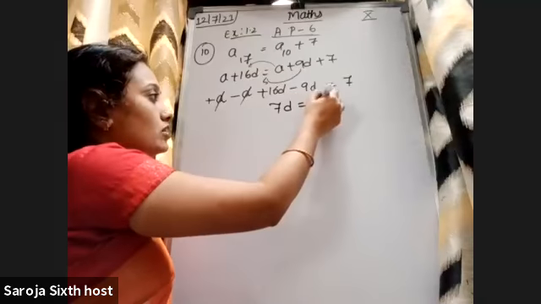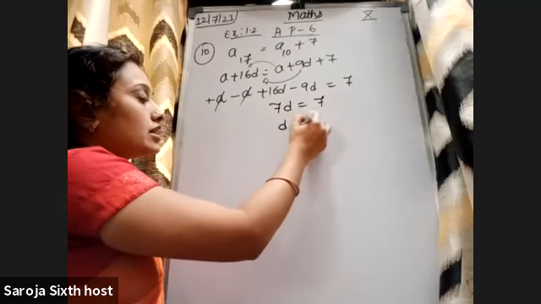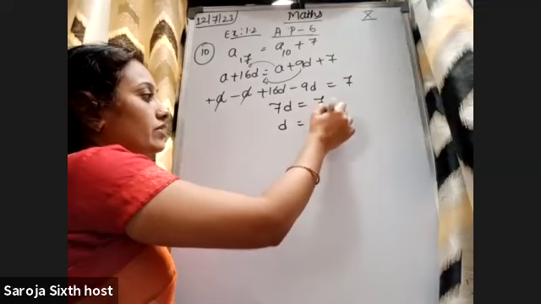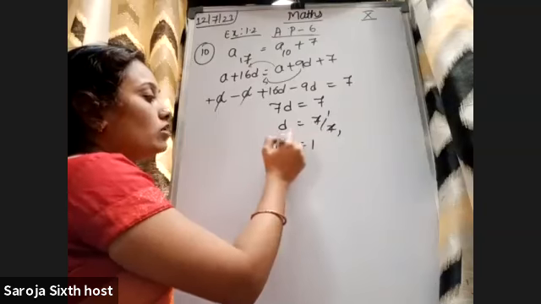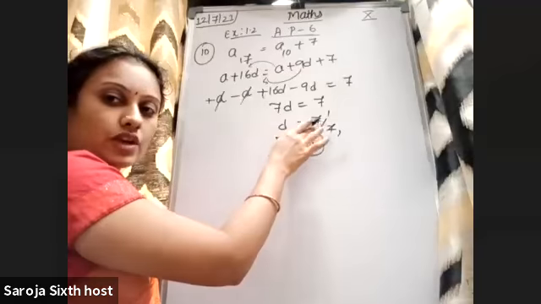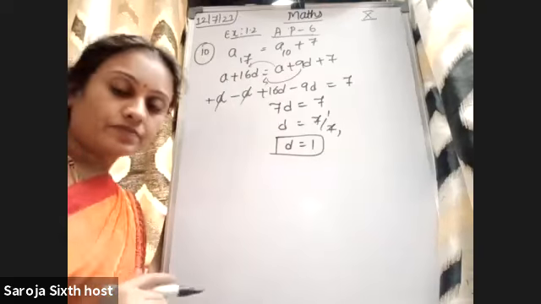Ma'am, 7D. Very good. So 7D is equal to 7. So D is equal to 7 by 7. 7 ones are 7, D is equal to 1. Because here 7 is multiplied with the D, when you shift here, you will get as divide.